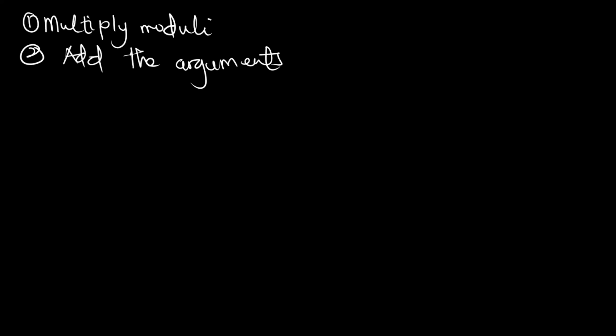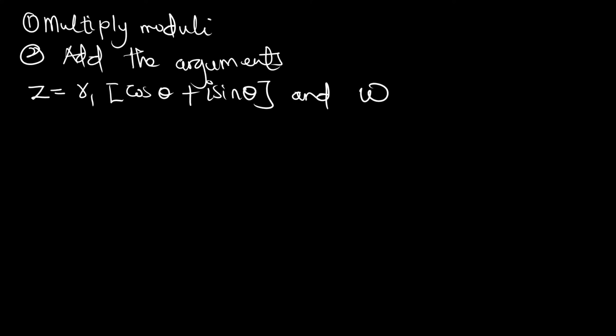Alright. So given these two complex numbers, z equals r1 (cos theta plus i sin theta), and omega equals r2 (cos alpha plus i sin alpha).